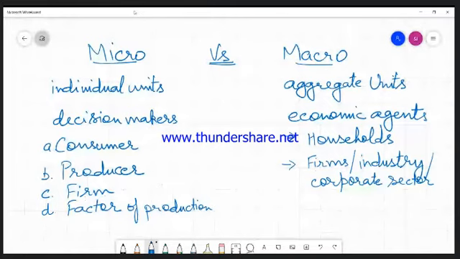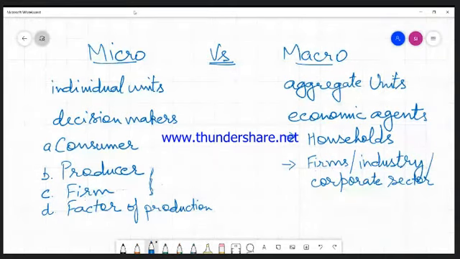In terms of individual units, you take the producer behavior and the firm's behavior differently. But when we talk about macroeconomy, we take them together because they are actually doing the same thing, supplying the goods and services to the consumer. So that's how there is one group.